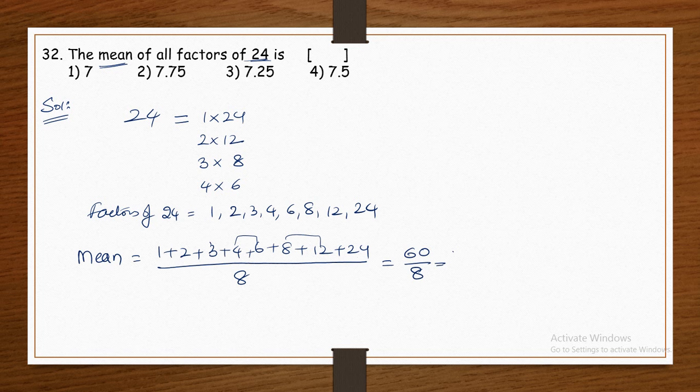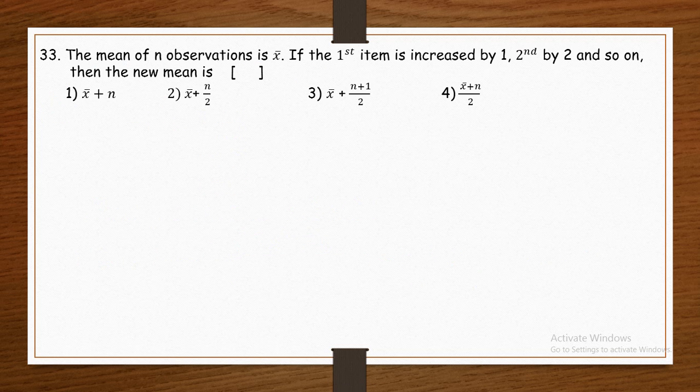So 60 divided by 8 is 30 by 4, which is 15 by 2, which is 7.5. Hence the answer is 7.5. Next, moving on to question number 33.